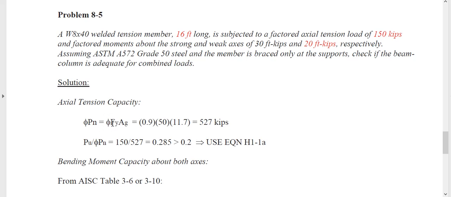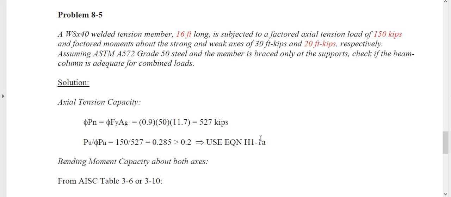Again, you might make a mistake here: last time when you were doing column for compression you used KL ratio and from KL/r you went to the AISC manual, but this time no, it is simply this equation, which is axial load capacity. So phi Fy Ag, phi, Fy yield stress, Ag gross area. So gross, then we found 520, and this capacity is more than 150.